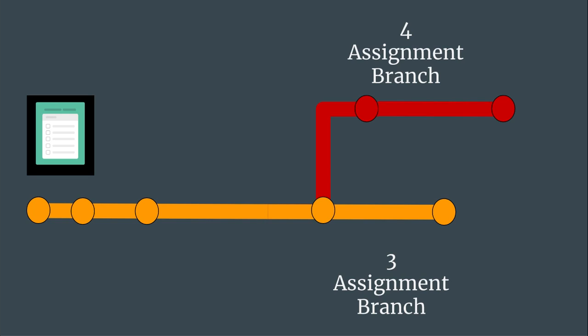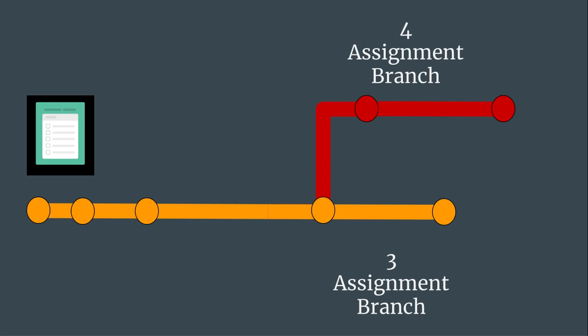If people make edits to something in the first 3 assignments, the 3 assignments that existed in the original document, those edits exist on what we might call the 3 assignment branch. So people can keep working on the 3 assignment document as if nothing else has happened, as if the 4th assignment has not been proposed, has not even been thought about. We can keep working on the 3 assignment branch.